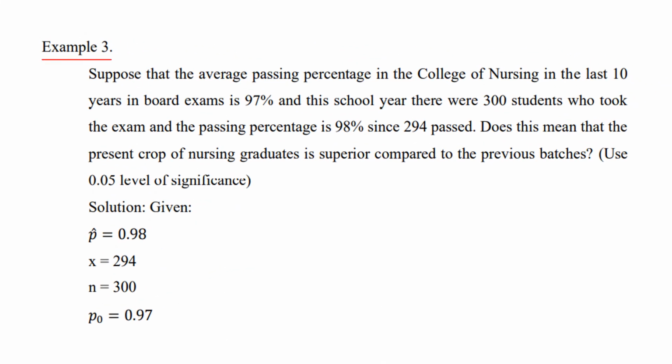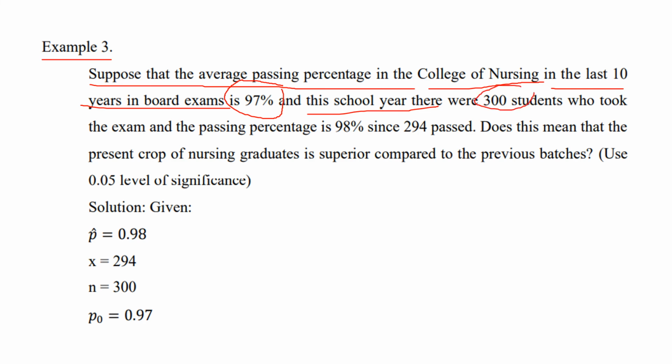So for example number 3, suppose that the average passing percentage in the College of Nursing in the last 10 years in the board exam is 97%. And this year there were 300 students who took the exam and the passing percentage is 98% since 294 passed. So does this mean that the percentage of nursing graduates is superior compared to the previous batches?